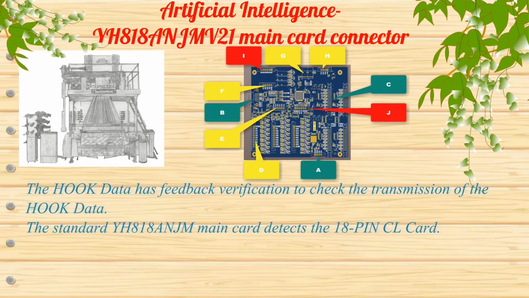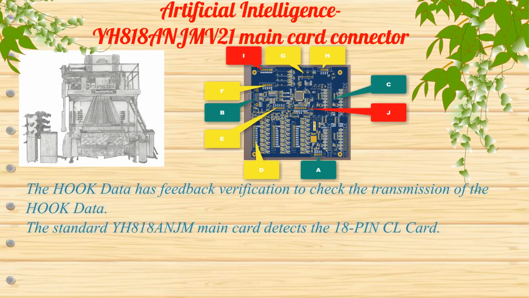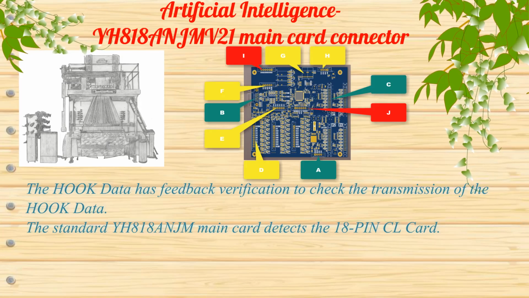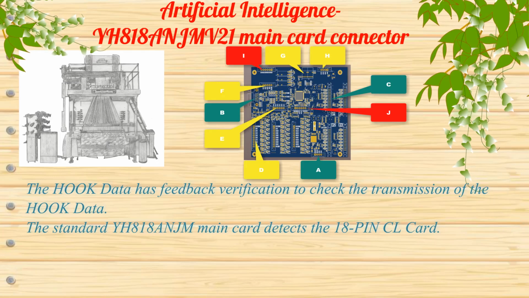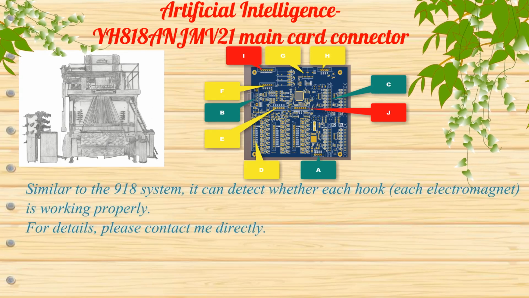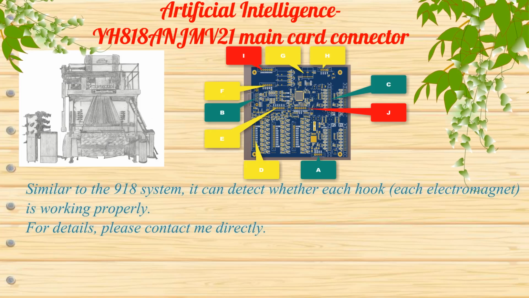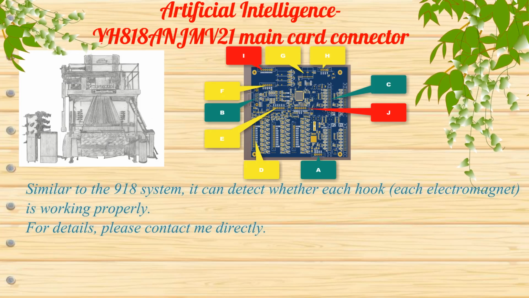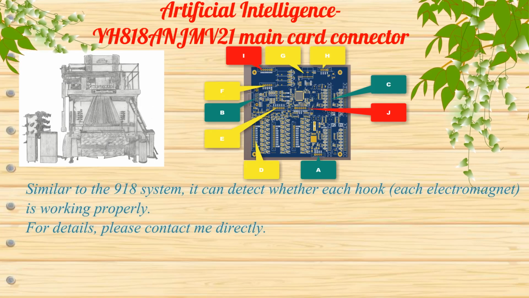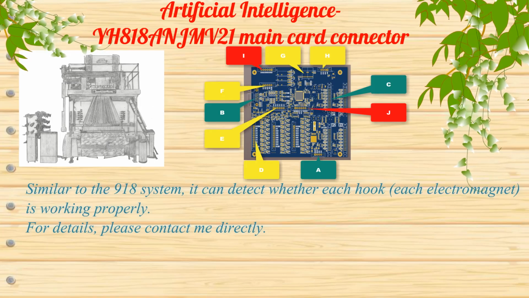The standard YH818ANJM main card detects the 18-pin CL card. Similar to the 918 system, it can detect whether each hook, each electromagnet, is working properly. For details, please contact me directly.